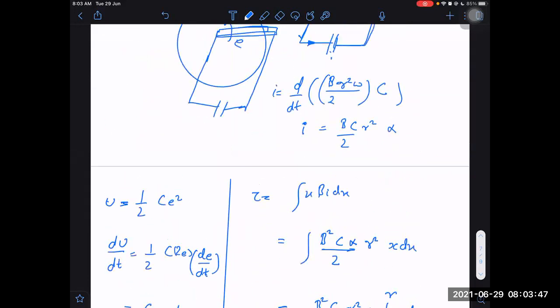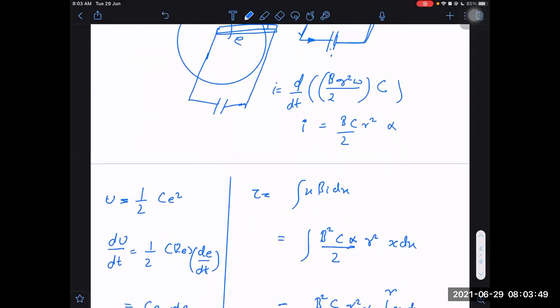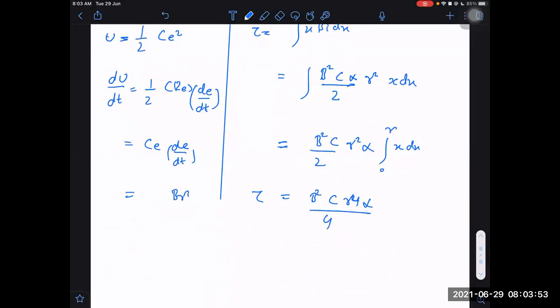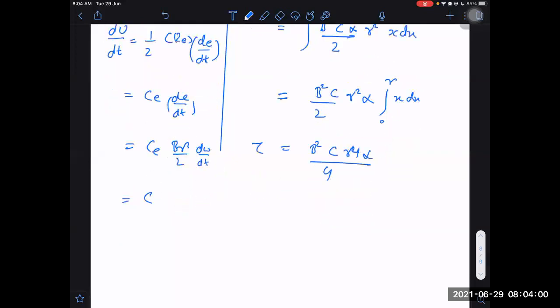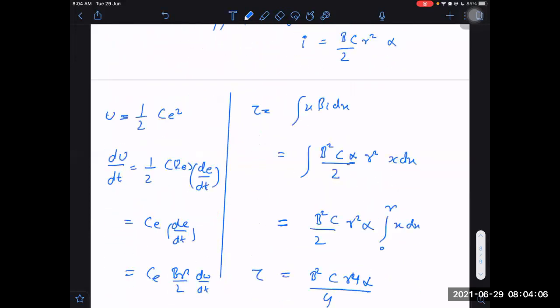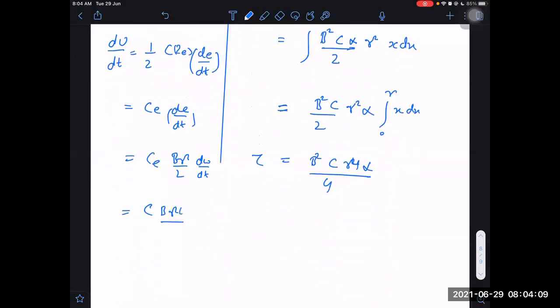What is dE by dt? It will be B r square by 2 into d omega by dt, that is B r square by 2 into alpha. EMF is B r square omega by 2. That is the rate of change of energy with respect to time.